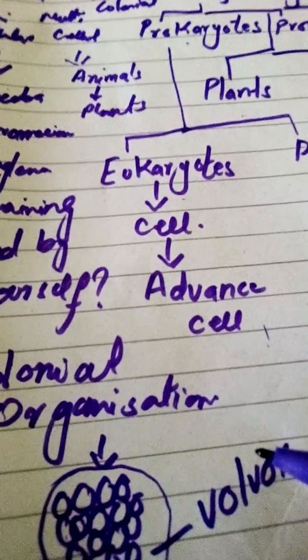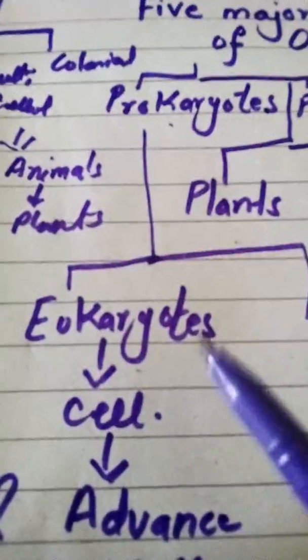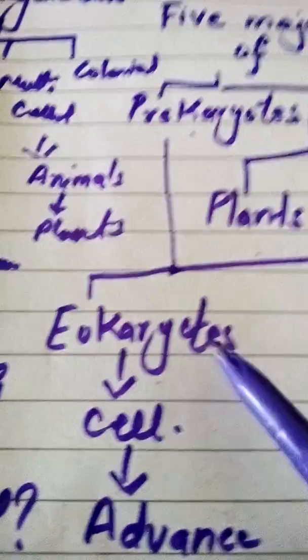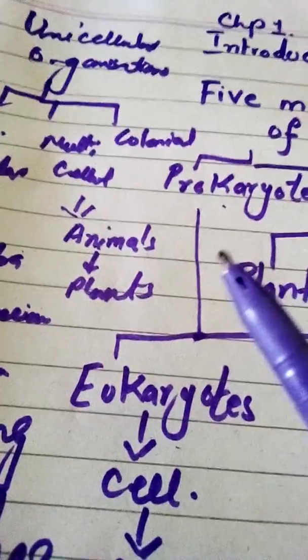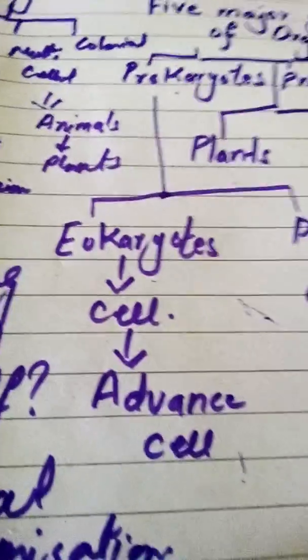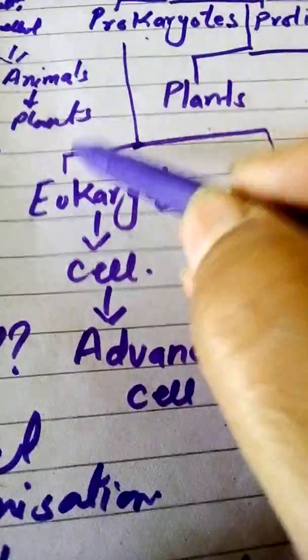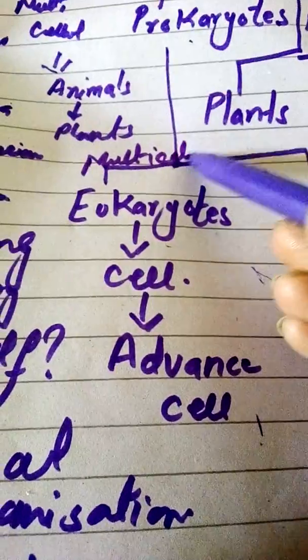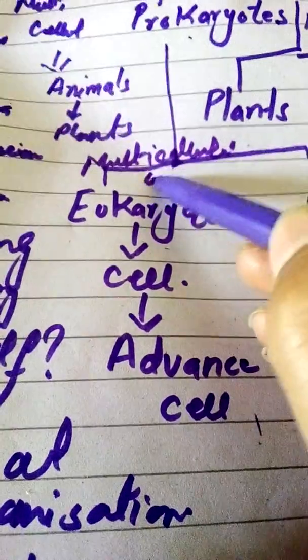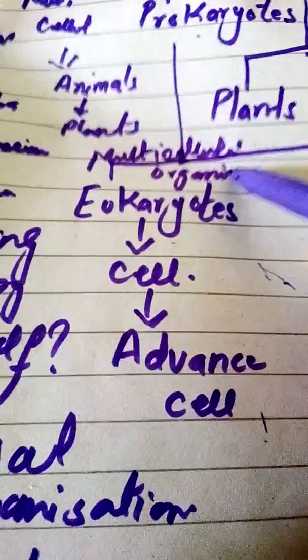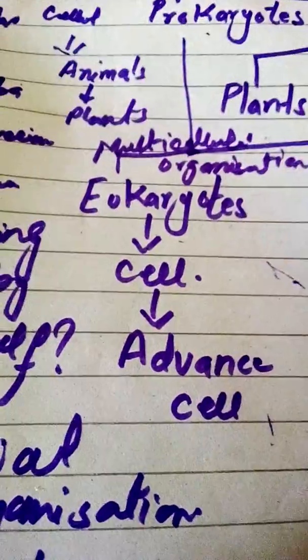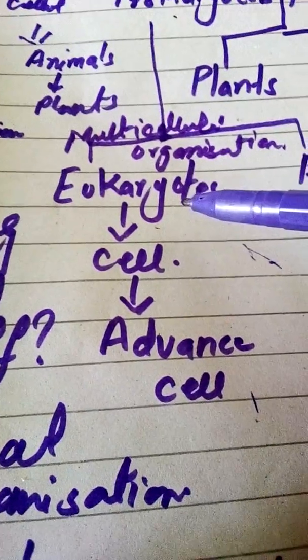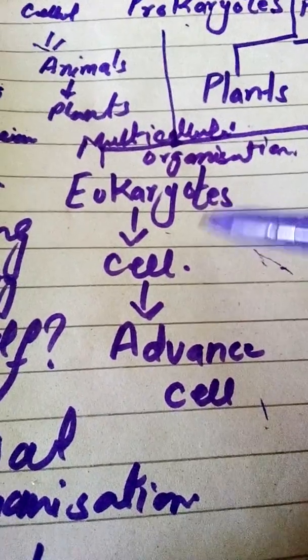Regarding multicellular organization, we discussed two organizations: unicellular organization, and the second one, multicellular organization, in which eukaryotes come. Multicellular organization leads to different plants and animals.